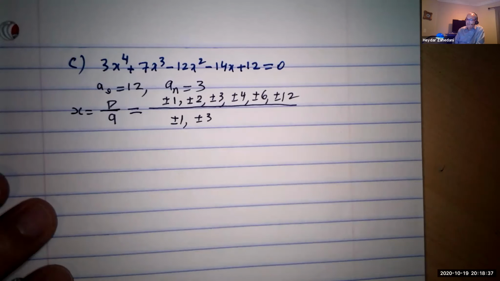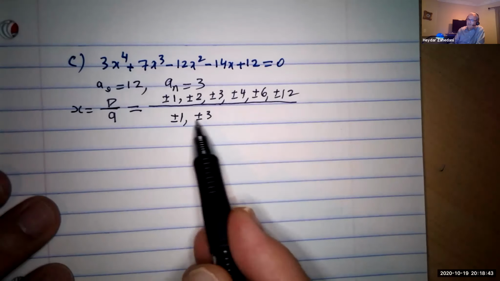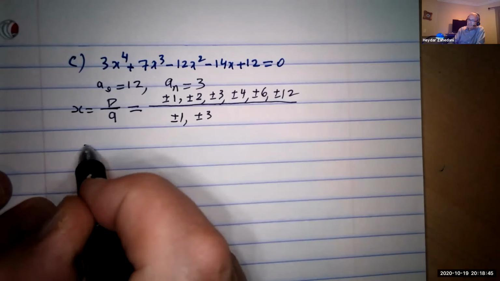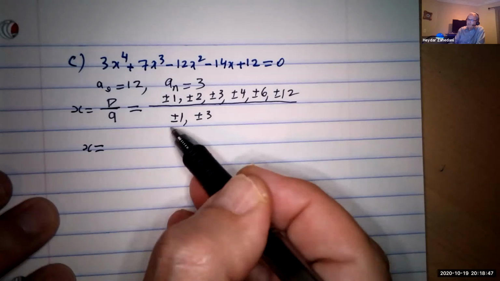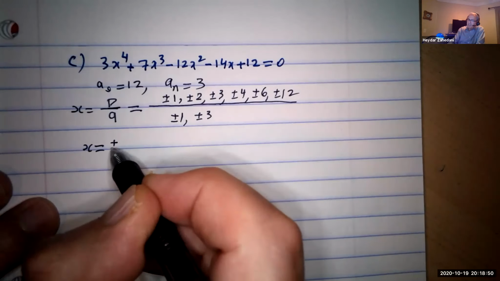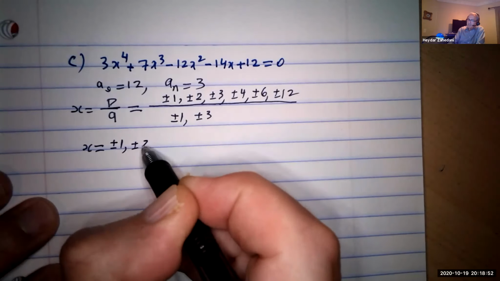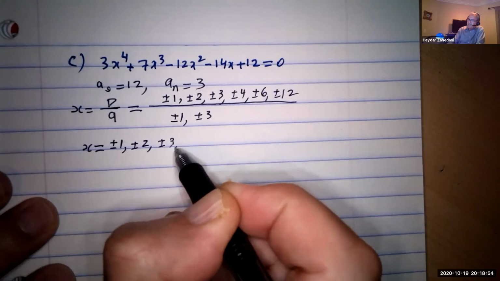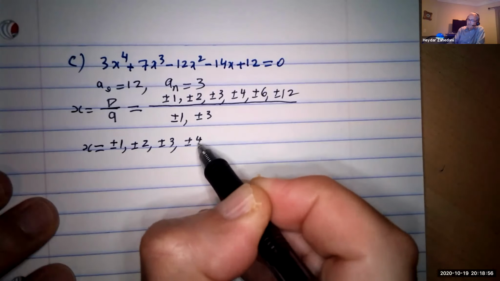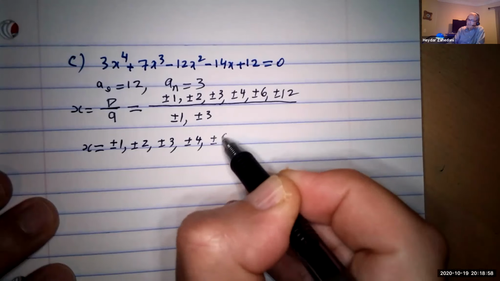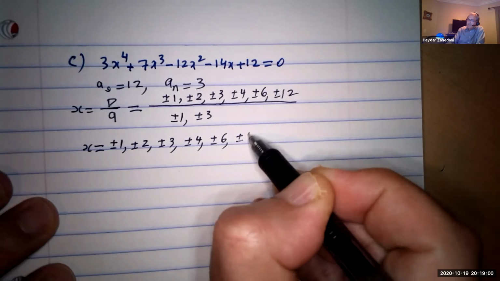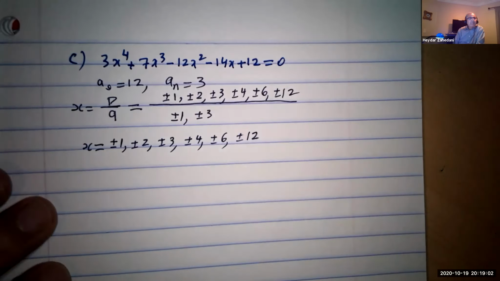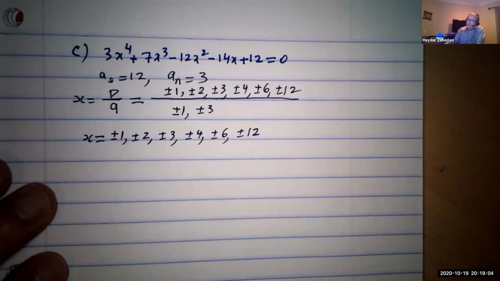So on the top, the divisors of the constant, which is 12. Down the bottom, it's going to be divisors of the AN. Now divide all of them by the bottom one, by 1. If you divide all of them by 1, the result is just the same: positive and negative 1, 2, 3, 4, 6, 12.